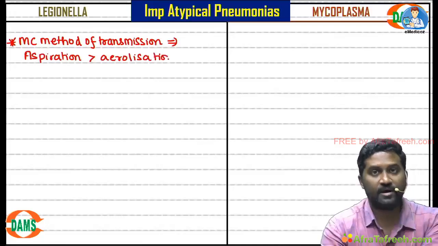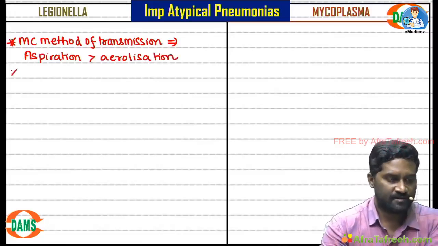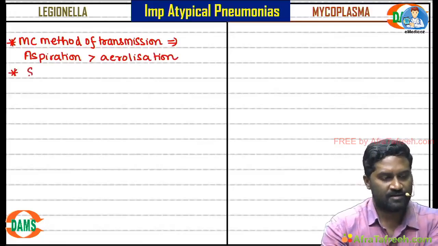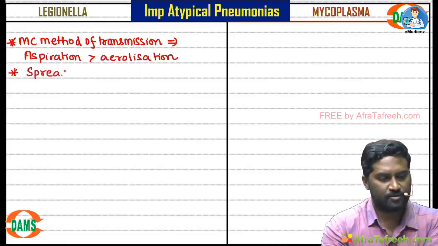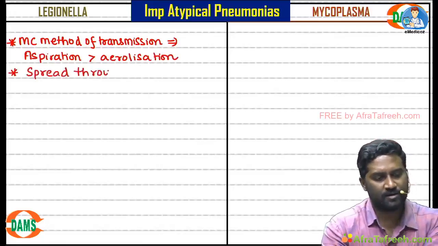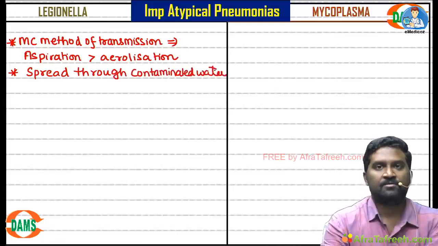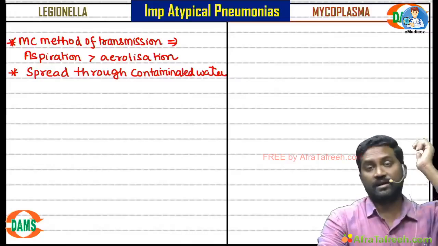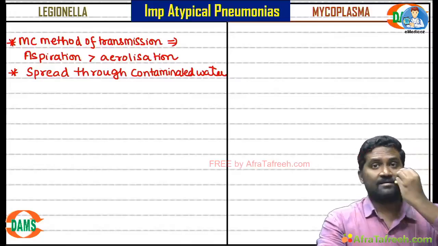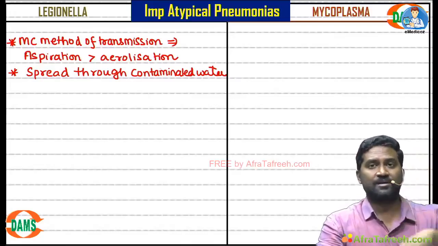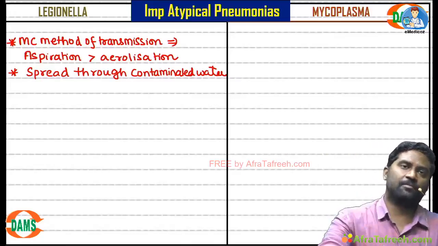The reason is Legionella is spread through contaminated water. Point to remember here, students: these patients are going to drink that contaminated water and later the organism can aspirate into the lungs. That is the most common mechanism.